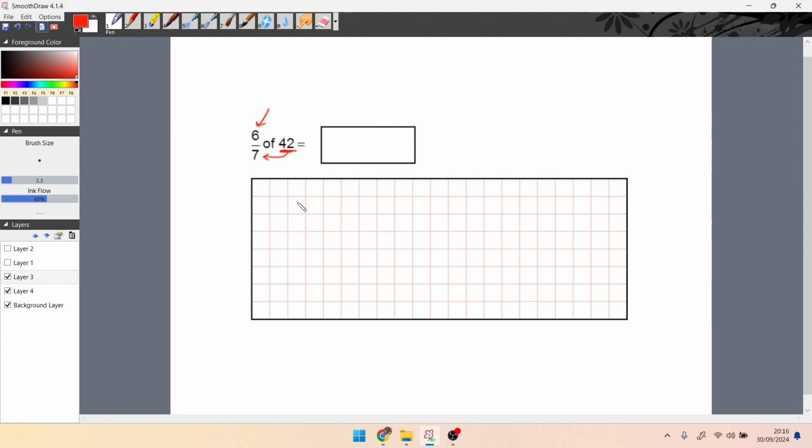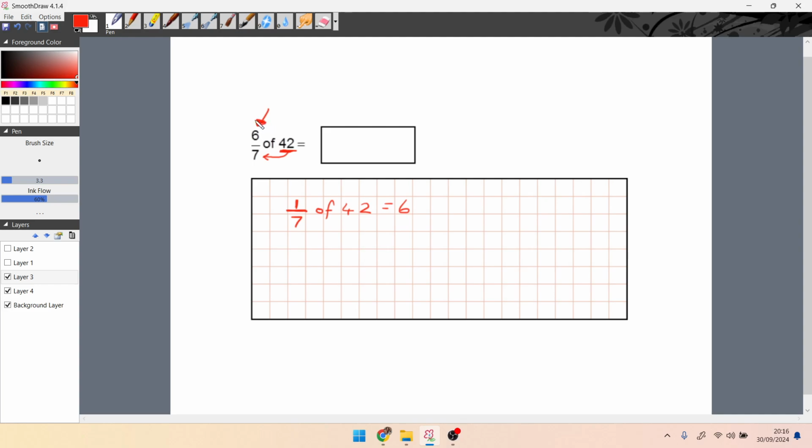So that will let us have a unit fraction, as I said before. So 1/7 of 42. Now, how many 7s make 42? Well, according to our times tables, that is 6, because 6 times 7 equals 42. Now, once we've got 1/7, what we need to do is work out what 6/7 is.